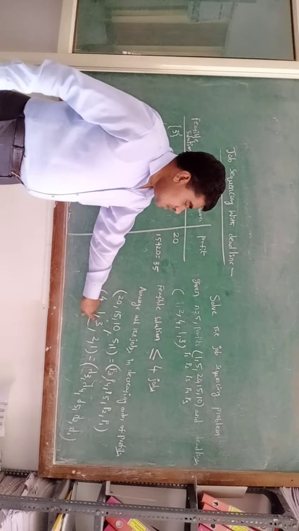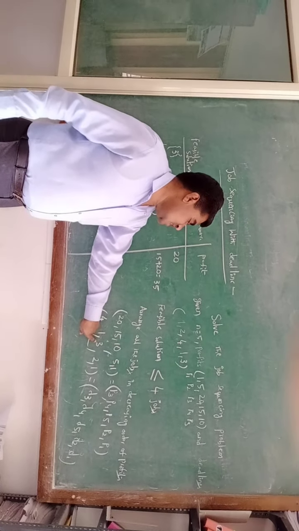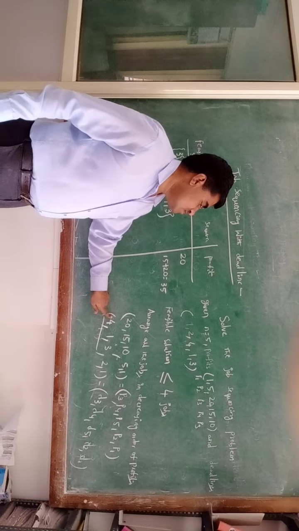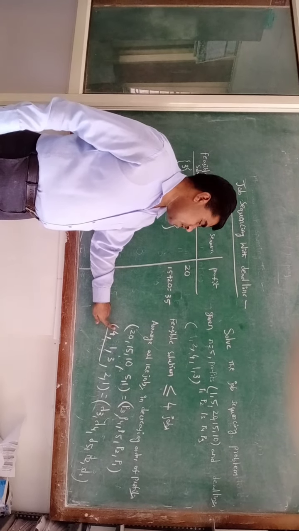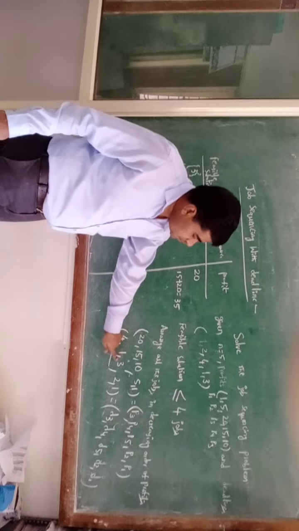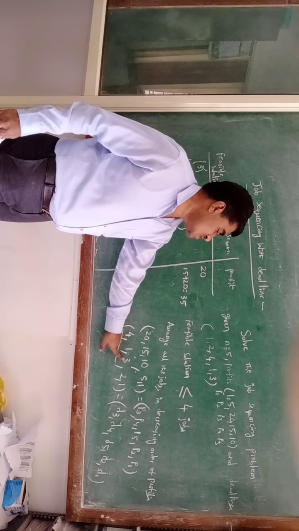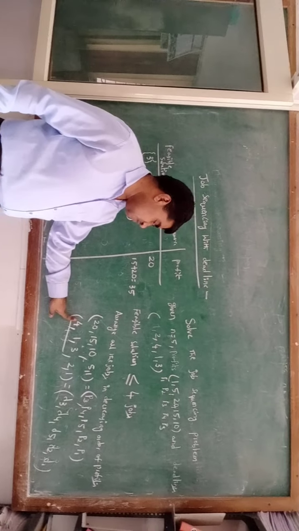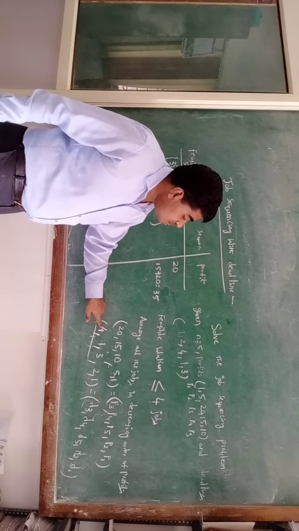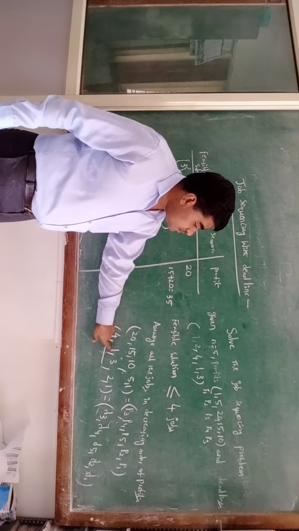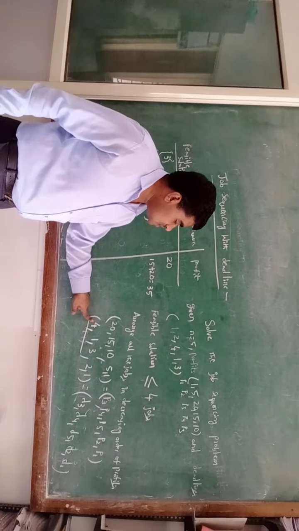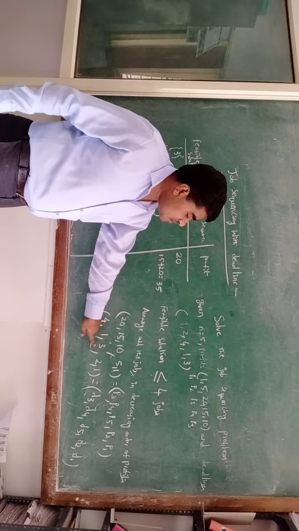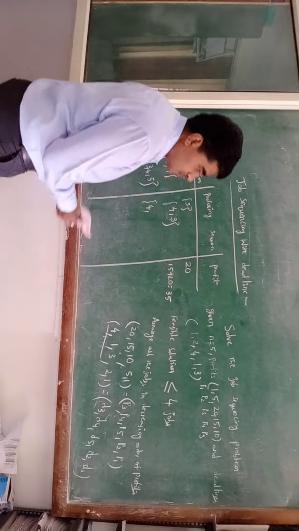Now see, the fifth job has deadline 3 and the third job has deadline 4. Suppose we execute the fifth job first, 2 units of time are still remaining for the third job. Suppose after the fourth job we execute the third job, 1 unit of time is still remaining for the fifth job.